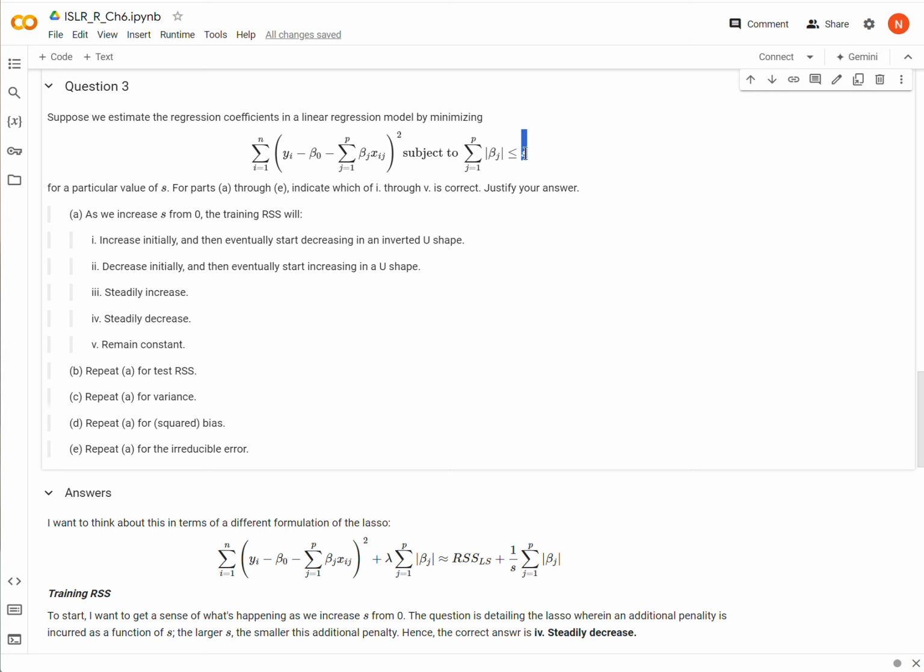As we take s from 0 to infinity, what happens when s equals 0? The sum of the absolute values of the beta coefficients has to equal 0, and that is a maximally constrained solution.